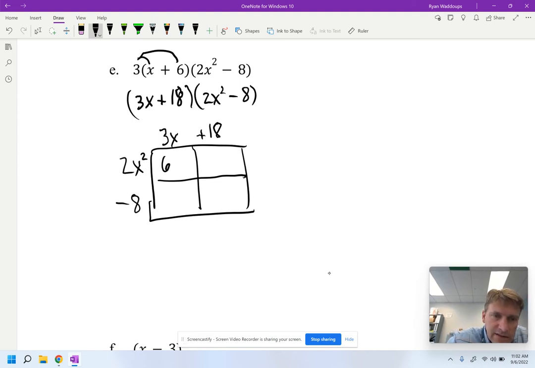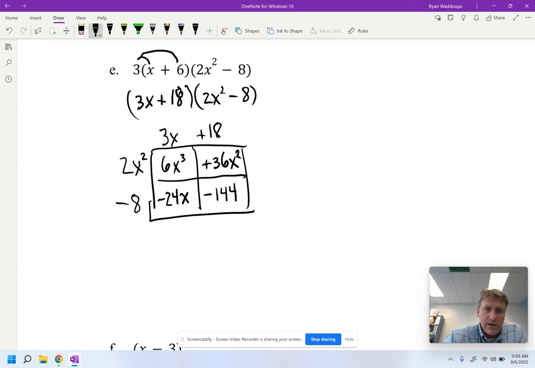So we get 6x to the third power plus, and 18 times 2 is 36x squared. 3x times negative 8 would be negative 24x. And negative 8 times 18, grab my calculator real quick, would be negative 144.